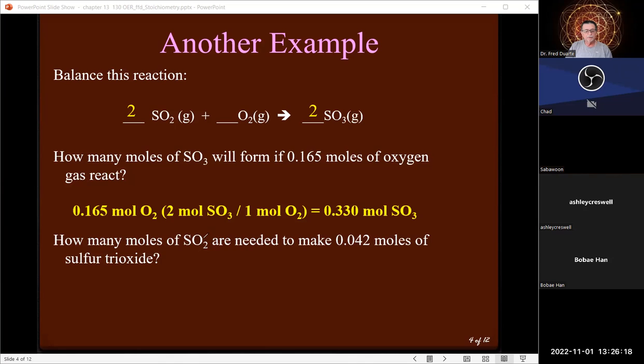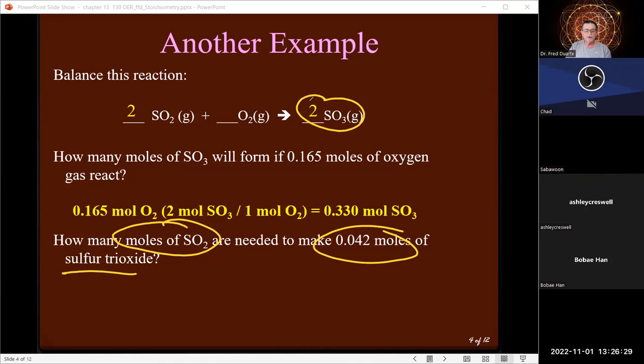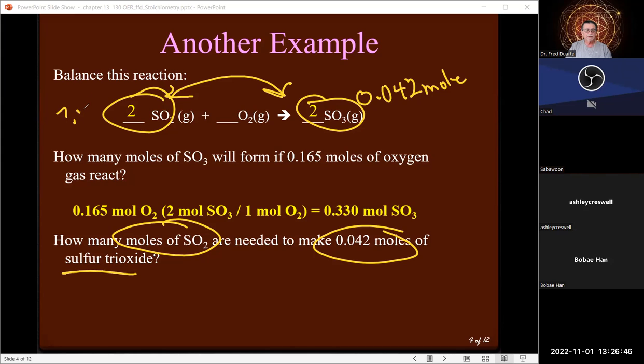How many moles of sulfur dioxide are needed to make 0.042 moles of sulfur trioxide? Okay, so we want sulfur trioxide and sulfur dioxide. That's the relationship. Now, if I need to make 0.042 moles of sulfur trioxide, how many moles of sulfur dioxide do I need is the question.